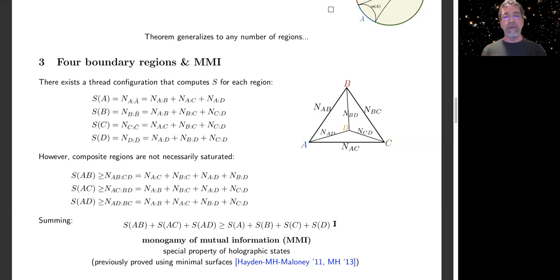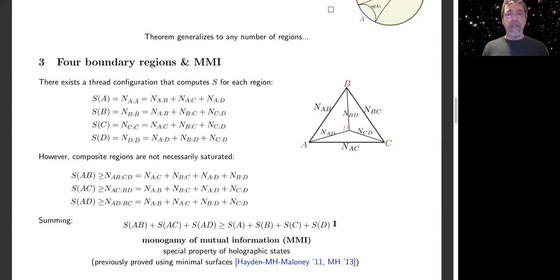And it's easy to find a counterexample. The simplest one is a 4-party GHZ state, just an equal superposition of 0, 0, 0, 0 and 1, 1, 1, 1. You can convince yourself that it violates this inequality. So it's saying that holographic states are not like that.